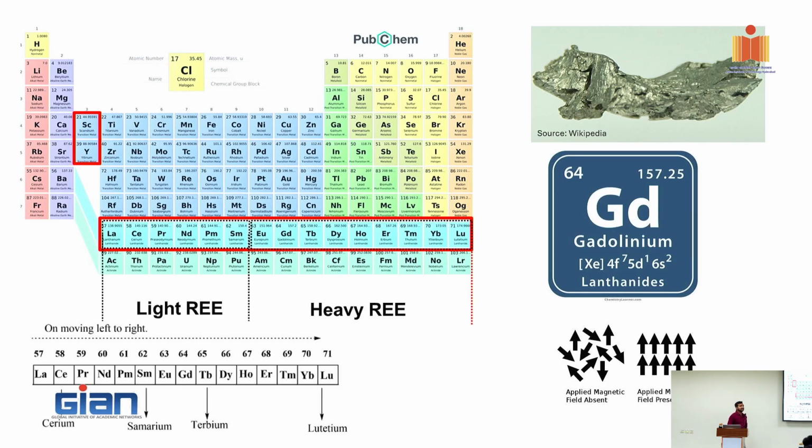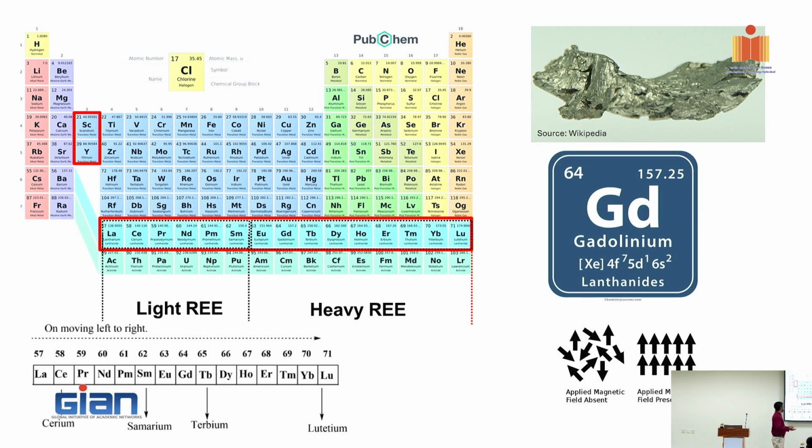It means there are 7 unpaired electrons. What makes it special is that it is one of the most paramagnetic elements in the periodic table. These 7 unpaired electrons behave as tiny magnets under an external magnetic field.